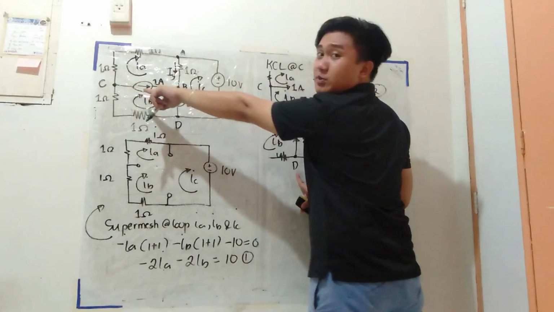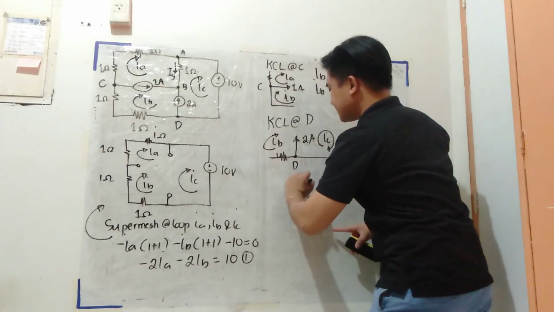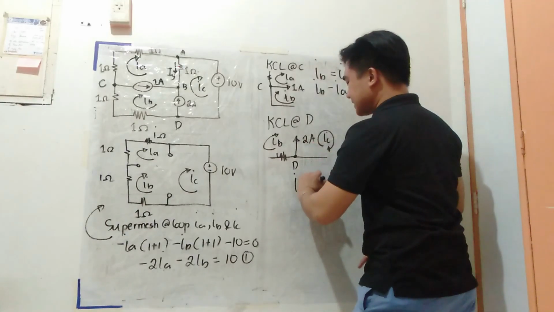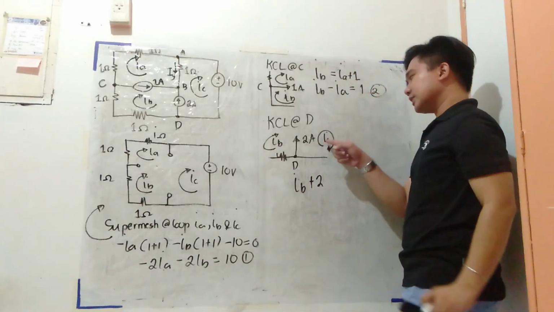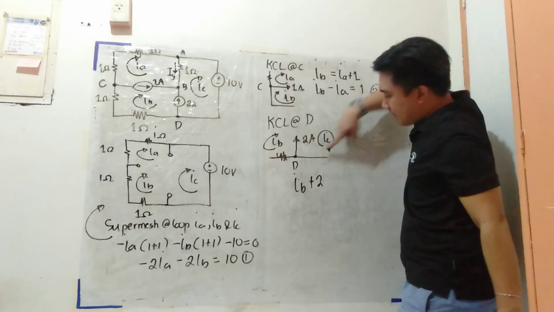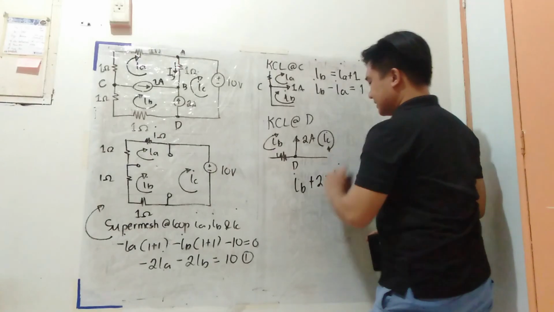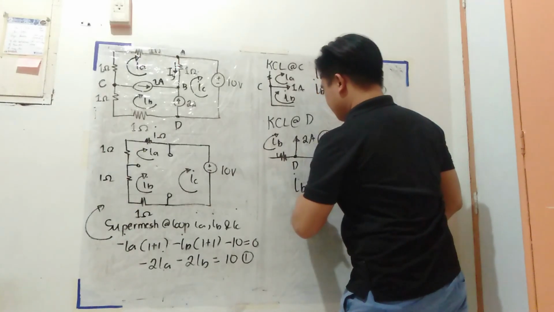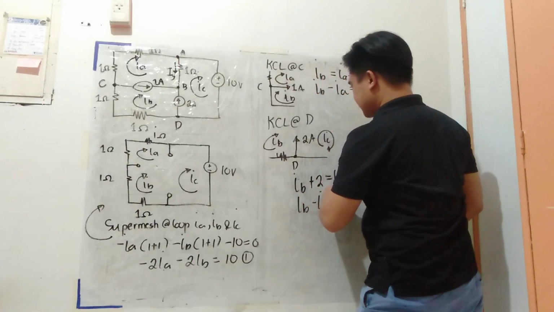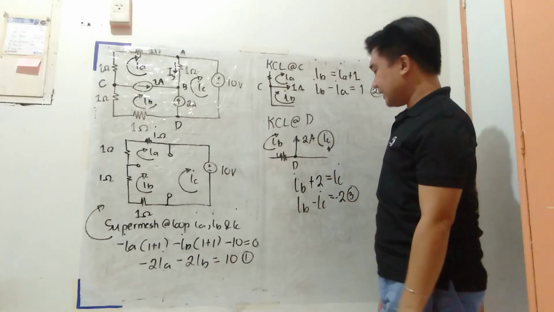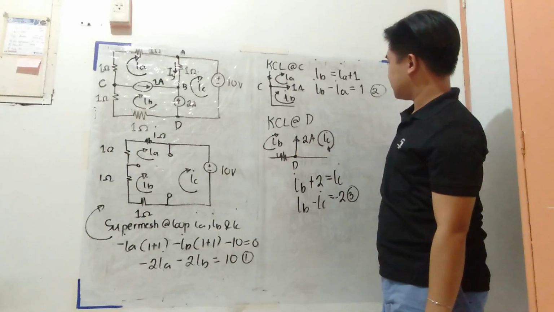Doon siya kay node C pumasok. So, leaving si IB kay node D. At the same time, leaving din si 2 amperes. Ang papasok lang ay si IC kasi kitang-kita nyo, patusok yung arrow niya doon sa node D. So, equals IC. So, I have here IB minus IC equals negative 2. So, equation number 3. So, madali ko lang masosolve, guys.